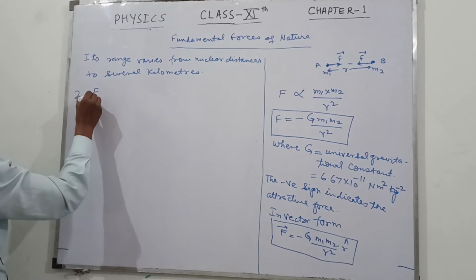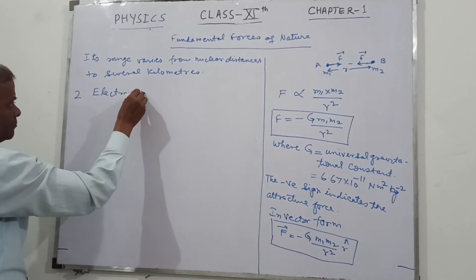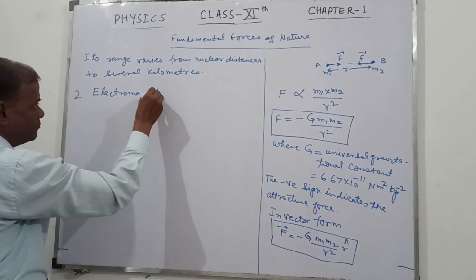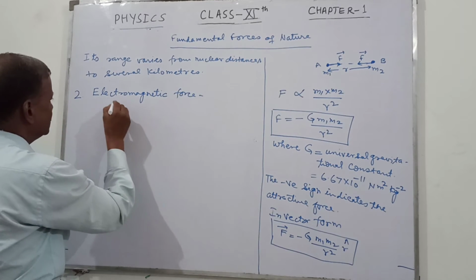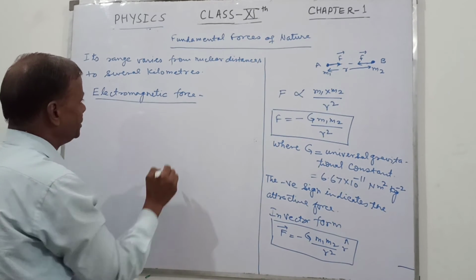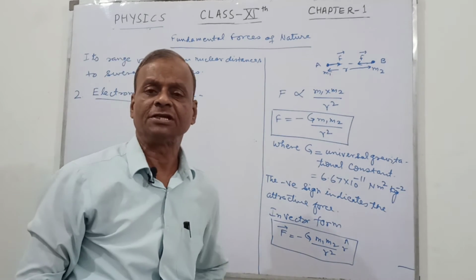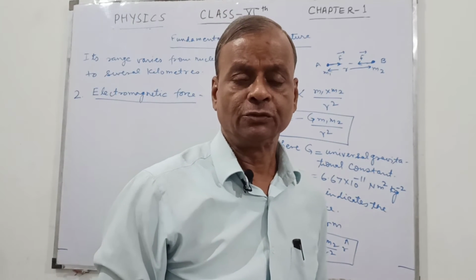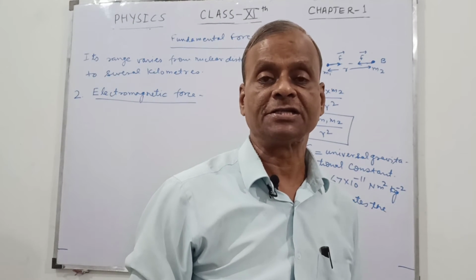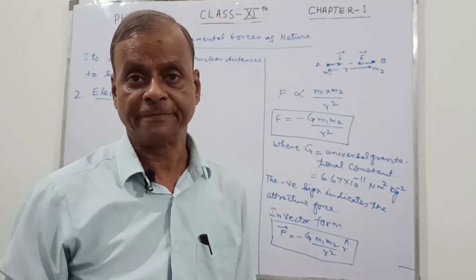Now number 2, electromagnetic force. Here we have two terms, electro and magnetic. Electro means the charge, magnetic means the magnetic force. So this force arises when there is a charged particle moving with some velocity.